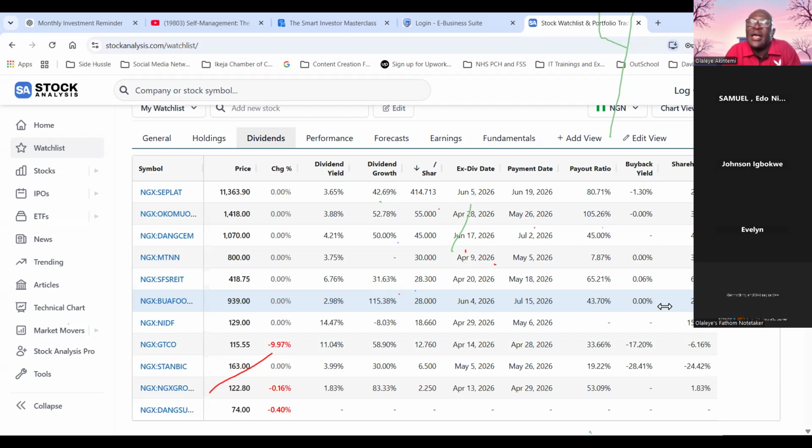August. Because with PiggyVest, even though you can withdraw 4 times in a year, they are flexible. You can choose the date you want to withdraw. But once you withdraw, you have to wait another 4 months before you withdraw again.